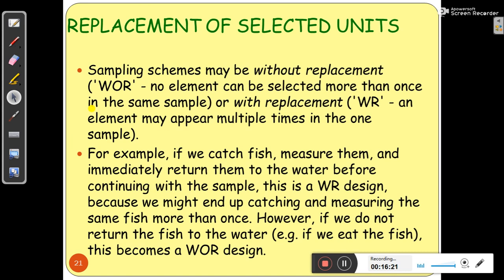Sampling schemes may be without replacement. Without replacement means no element can be selected more than once in the sample. Or with replacement, an element may appear multiple times in one sample.